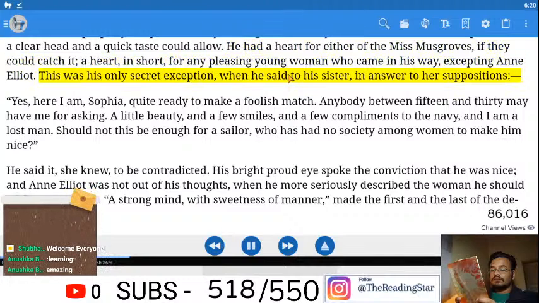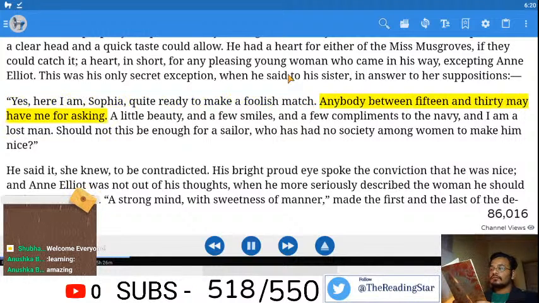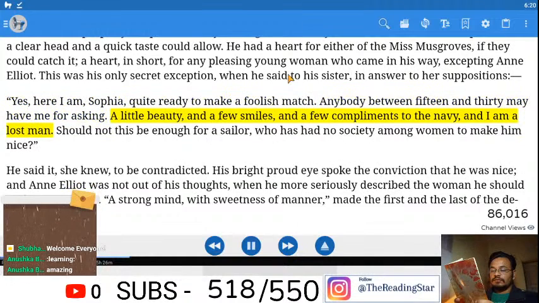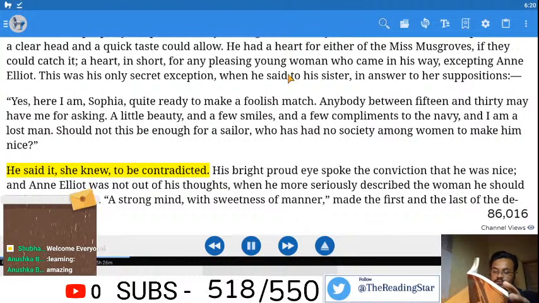This was his only secret exception, when he said to his sister, in answer to her suppositions, "Yes, here I am, Sophia, quite ready to make a foolish match. Anybody between fifteen and thirty may have me for asking. A little beauty, and a few smiles, and a few compliments to the navy, and I am a lost man. Should not this be enough for a sailor, who has had no society among women to make him nice?" He said it, she knew, to be contradicted.